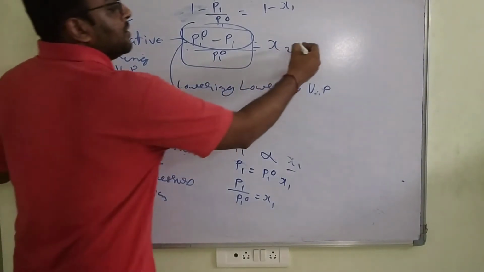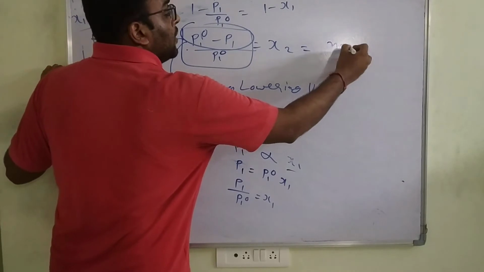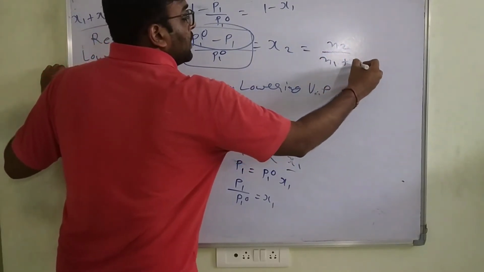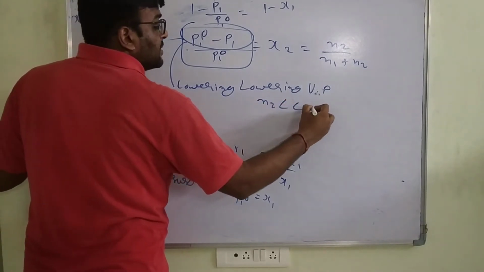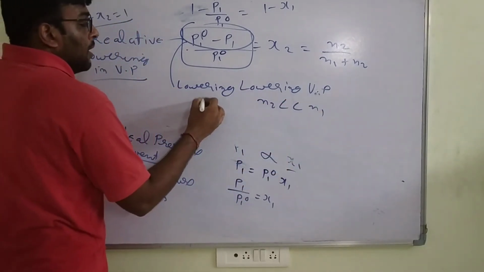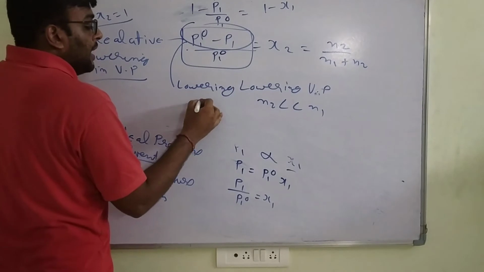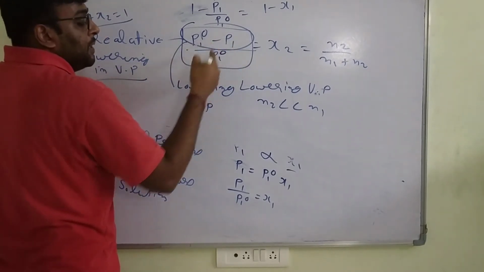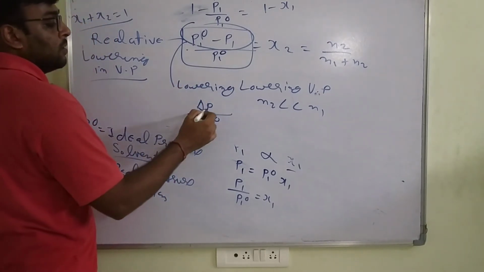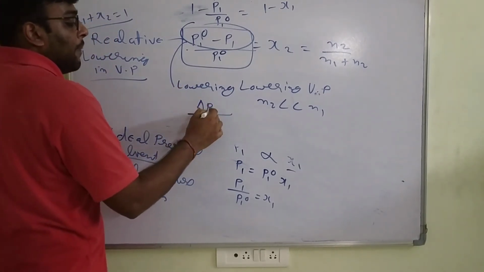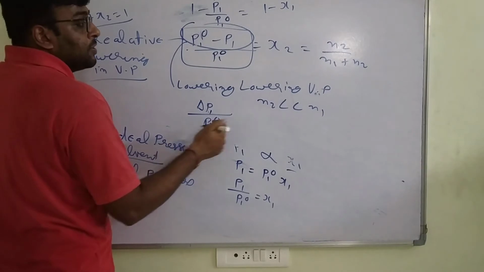Are you getting my point? Suppose x2 means, what is x2? N2 upon n1 plus n2. And if n2 is very much less than n1, what happens? P naught minus p is delta p. Delta p1 upon p1 naught is the relative lowering in vapor pressure.